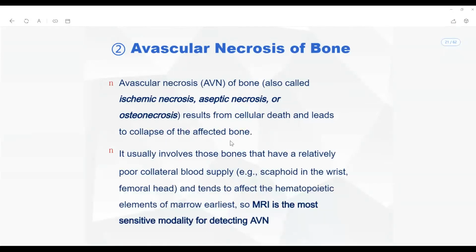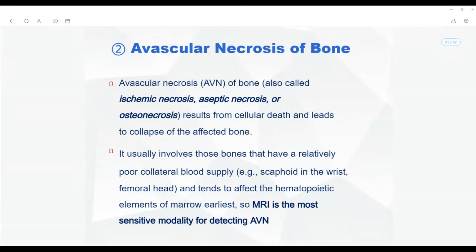So what happens? Osteoclasts start to remove the necrotic area, and it will become black, and the other areas remain normal. So wherever there is a compromise of the blood supply, it will become black and all the rest becomes white. That is the radiographic feature of avascular necrosis of the bone.